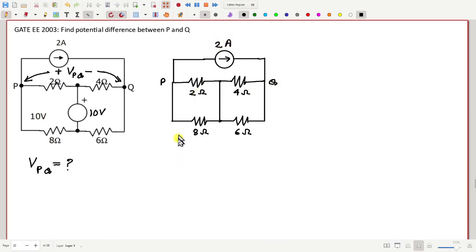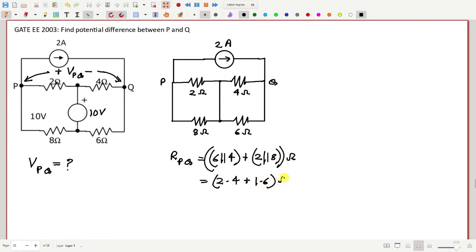This is 2 ampere. How much is the total resistance between P and Q? RPQ is 6 parallel 4 plus 2 parallel 8, in ohm. So this is 2.4 plus 1.6, which is 4 ohm. So how much will be VPQ then?